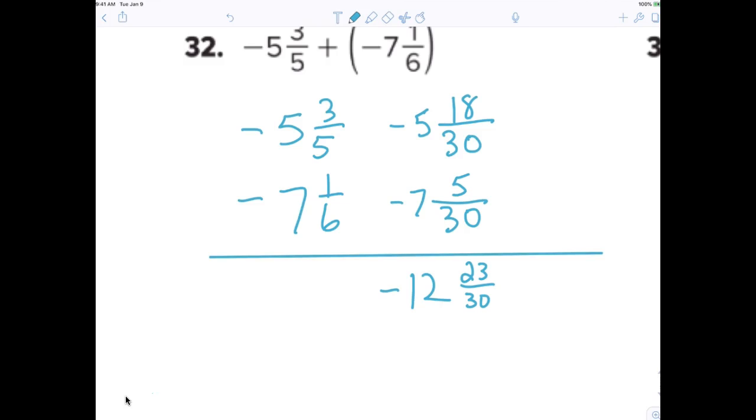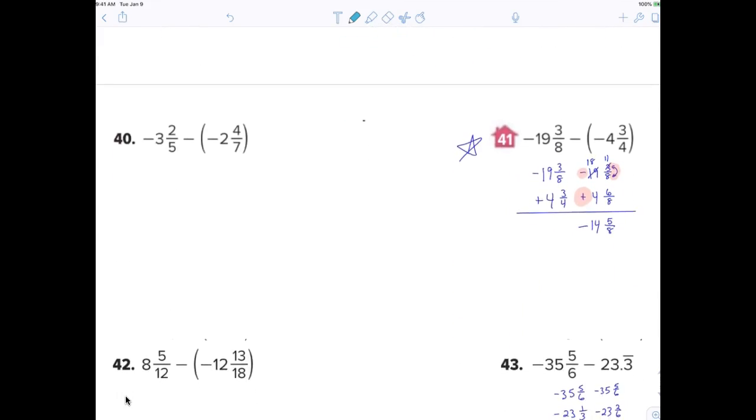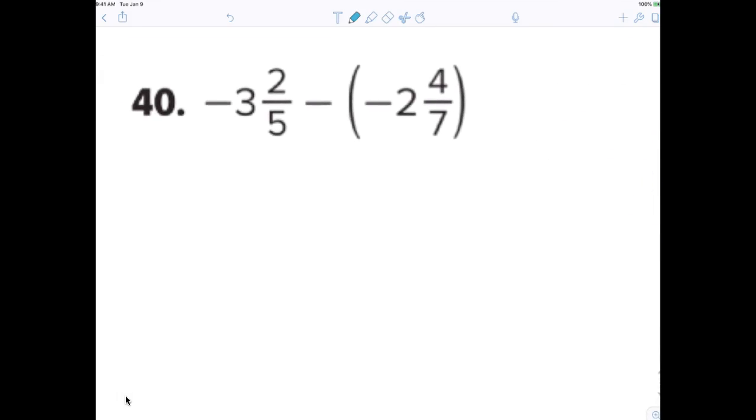Does anybody feel like it would be good for them to do the next one if they're a little shaky? Everybody's feeling pretty confident? All right, let's look at 34. I'm going to let Angelina do this one. Oh, I'm sorry, number 40. Okay? So, the double negatives make it what?